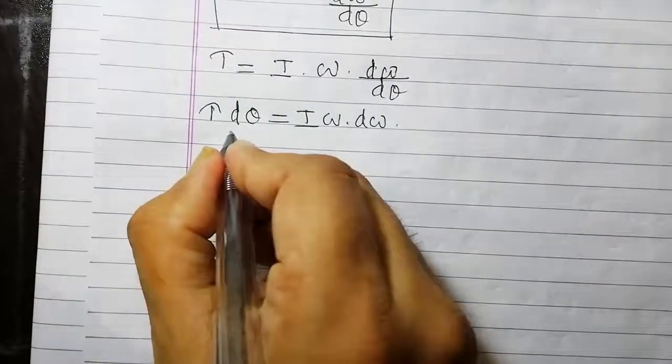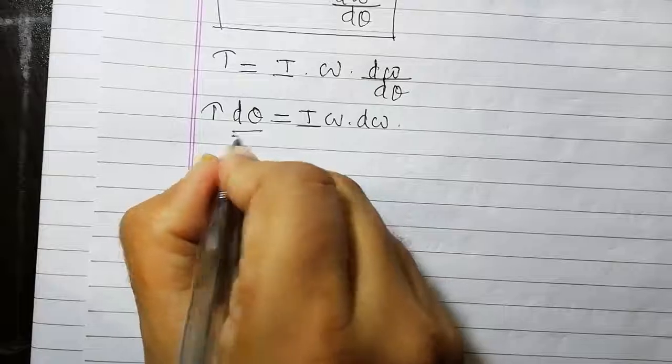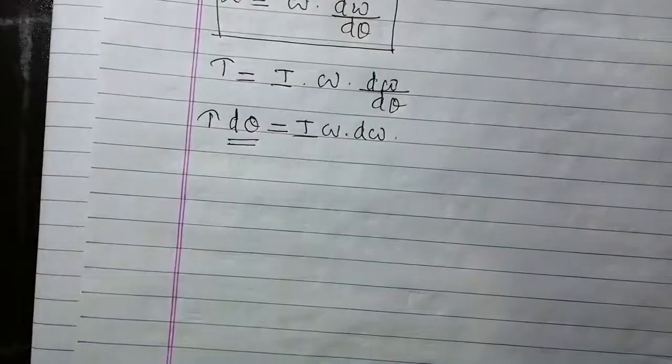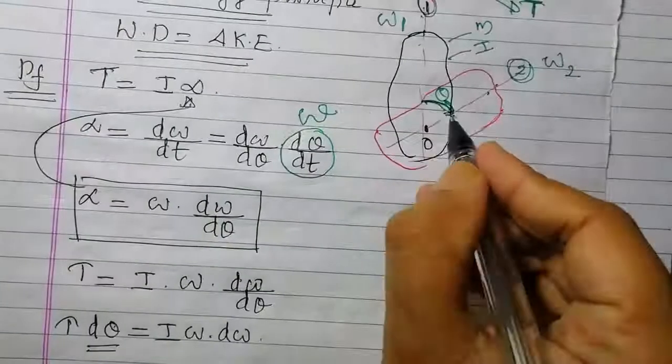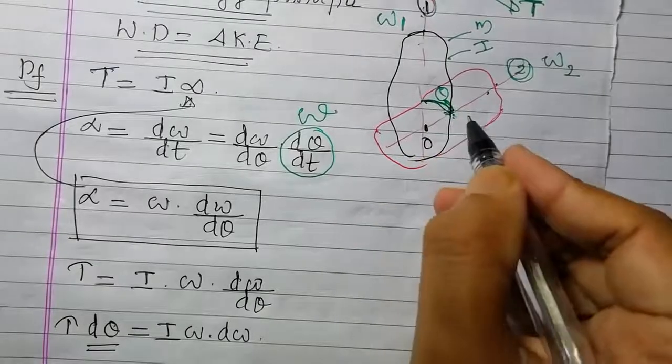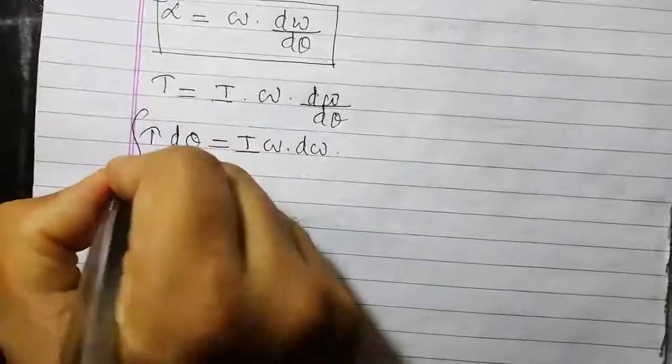Now this expression is for a small displacement d theta, but I want to calculate for the entire angular displacement theta. So I have to integrate.